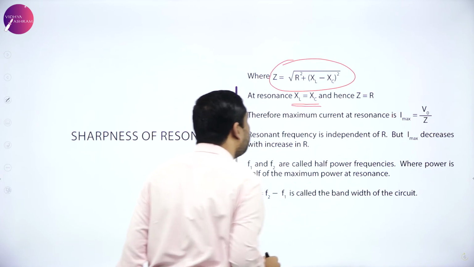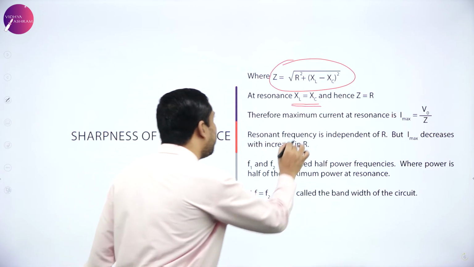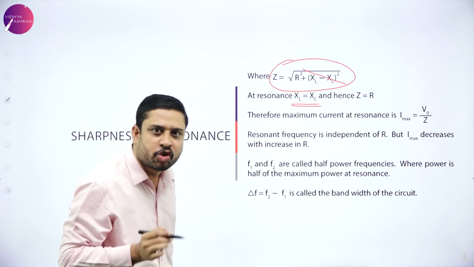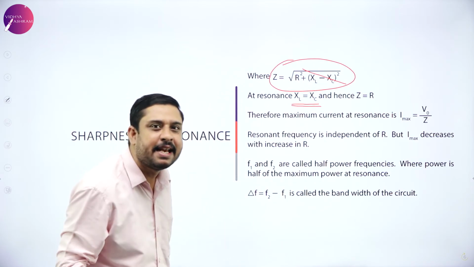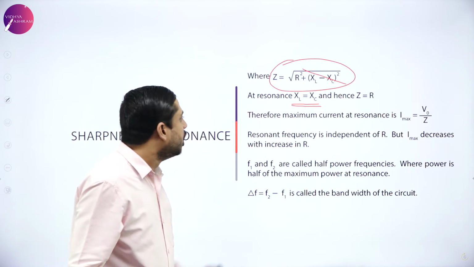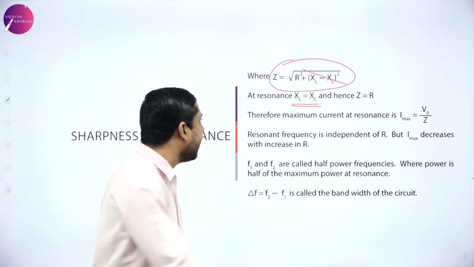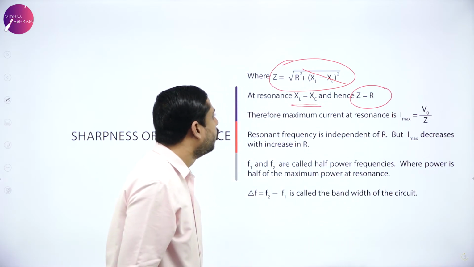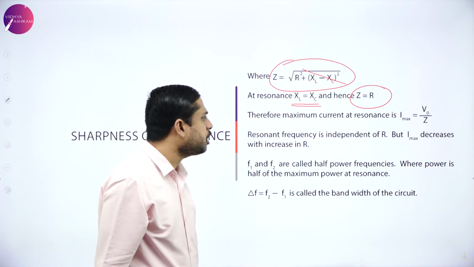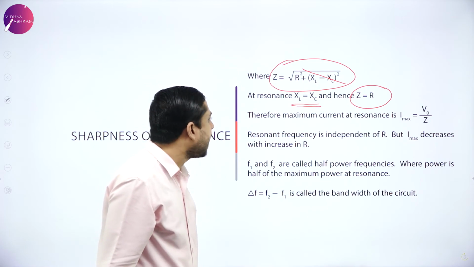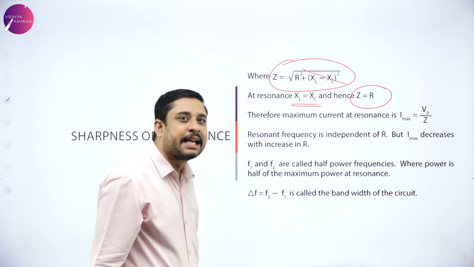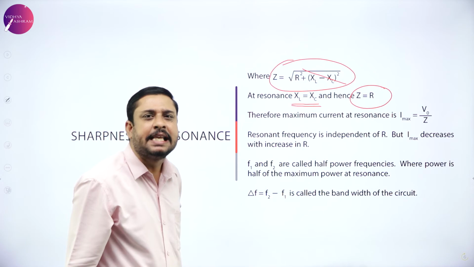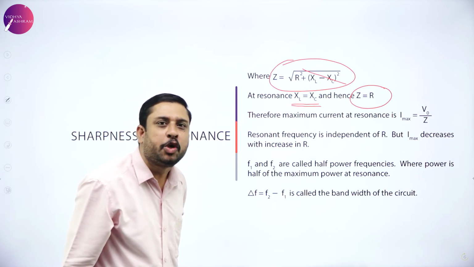XL should be equal to XC, which means this term cancels out. Naturally, the feature of resonance, XL should be equal to XC so that Z becomes equal to R. So please understand, students, wherever there is resonance, Z becomes equal to R.